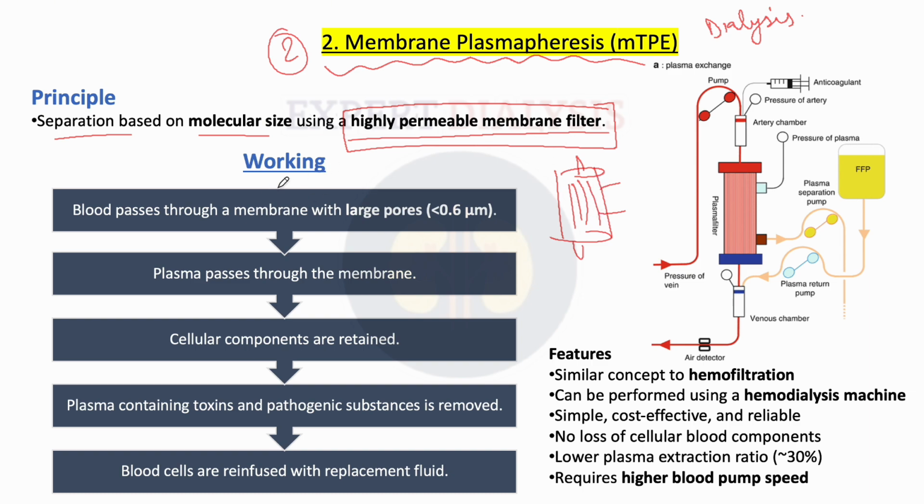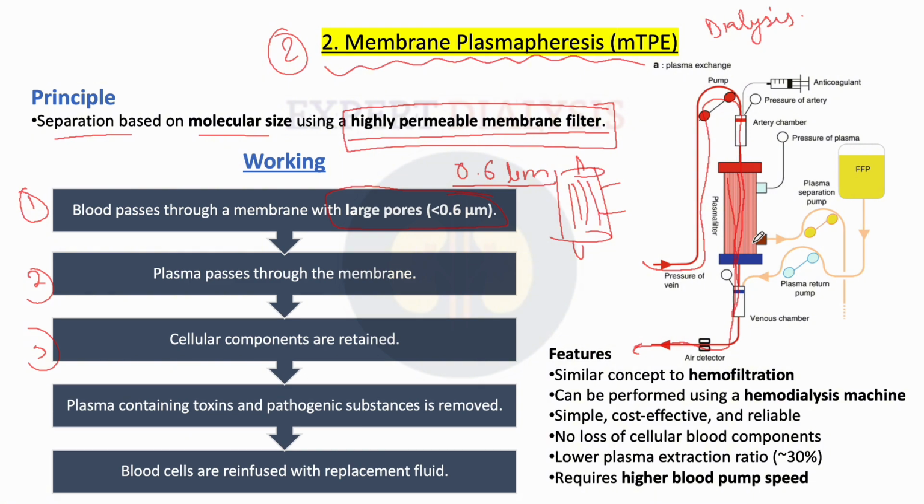Now let's see the working here. First step, blood passes through the membrane with large pores. The pore size is important, you have to note it is 0.6 micron. Second step, plasma passes through the membrane. Third step, cellular components are retained. You can see the blood going into the membrane, and the cellular components will be retained.